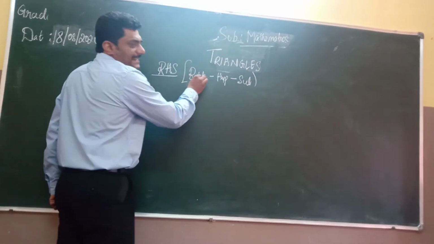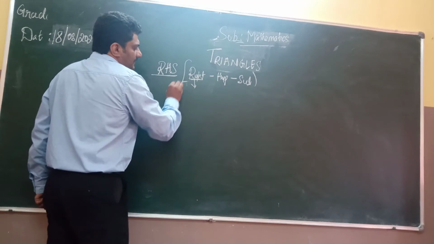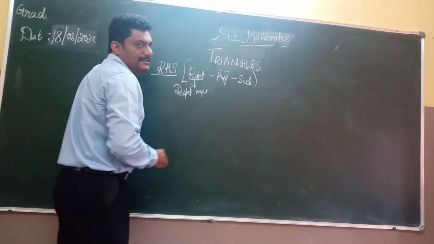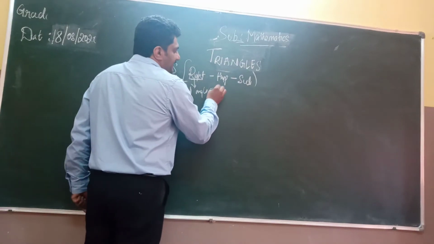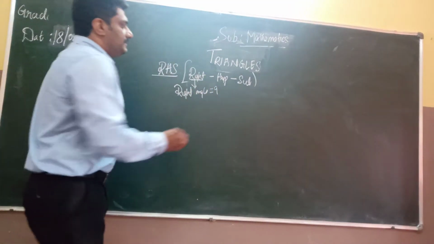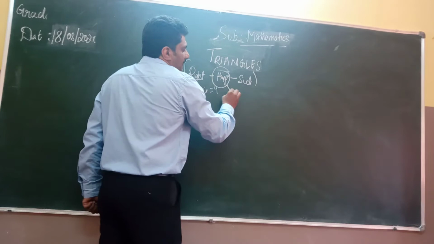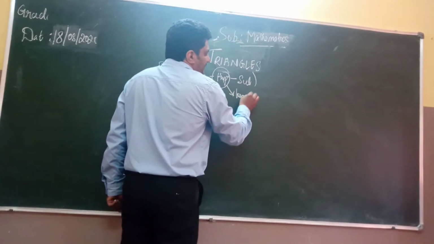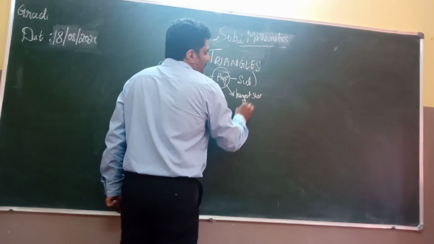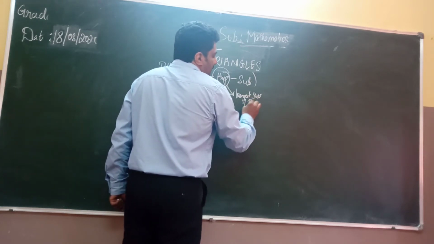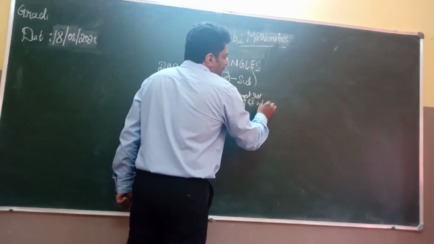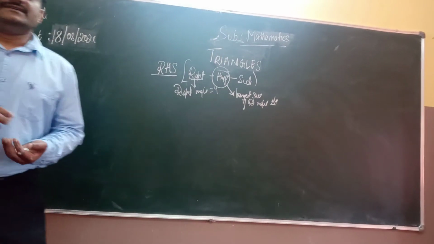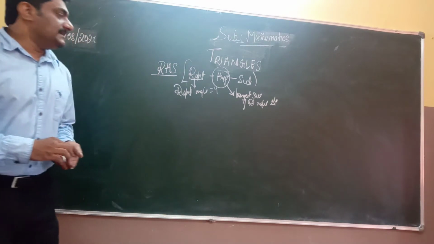Now when I tell right, it is nothing but right angle. What is right angle? Right angle is 90 degree. Now what is hypotenuse? Hypotenuse is nothing but the longest side of a right angle triangle.